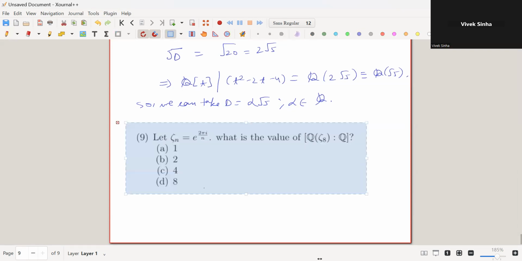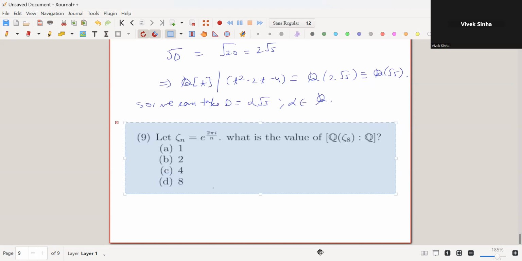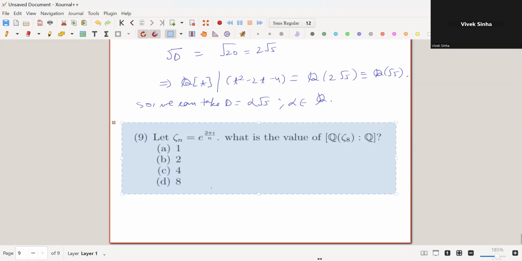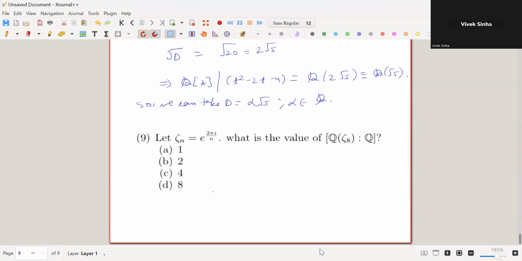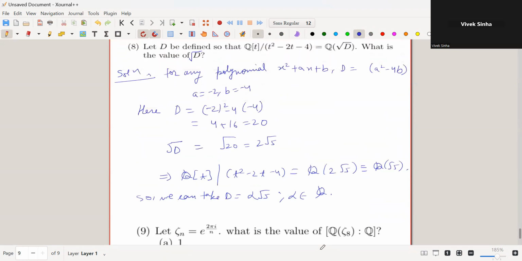Sir, their value will be root only 5, or 2 root 5? Where? In the previous question, here you are saying d is 20. So root d, that is 2 root 5, right? Yes.